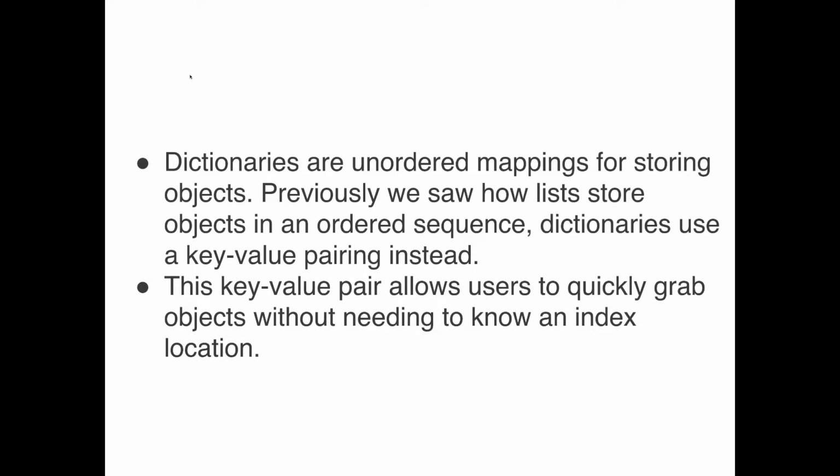It is easier for you to call an object if you just know the key or the keyword for your object. No need to know the index position of your object because, like I said earlier, it is no longer ordered in sequence but paired in a key-value.